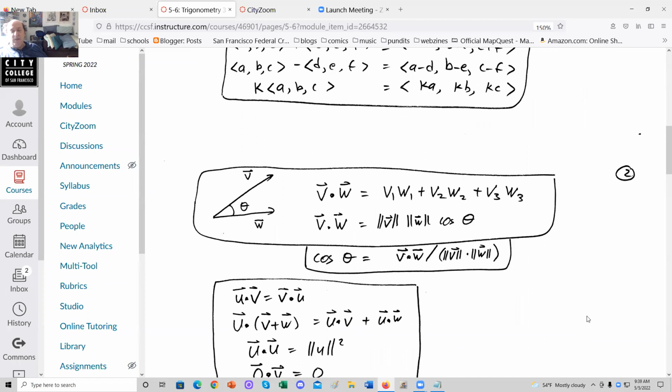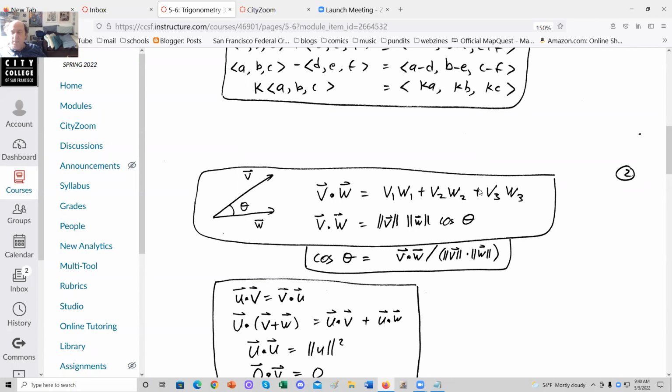As in two-dimensional vectors, there's also a dot product. The dot product of v and w, with length v, length w, and an angle between them, theta. Their dot product can be given in two ways.